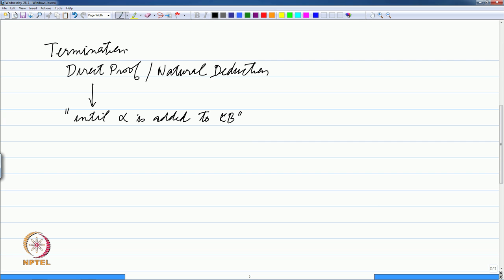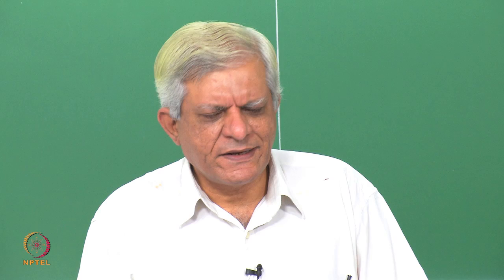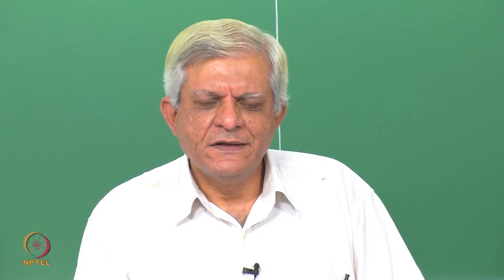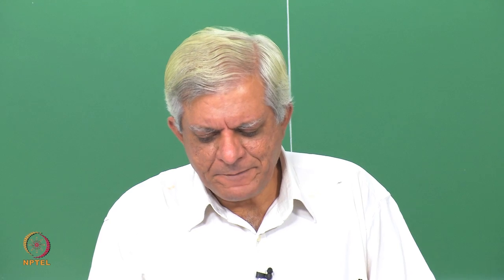You want to prove a certain statement, and we use the term theorem. In a direct proof you keep adding formulas till you get the formula that you are looking for, and that is the most natural form of proof, and that is why we often call it natural deduction.